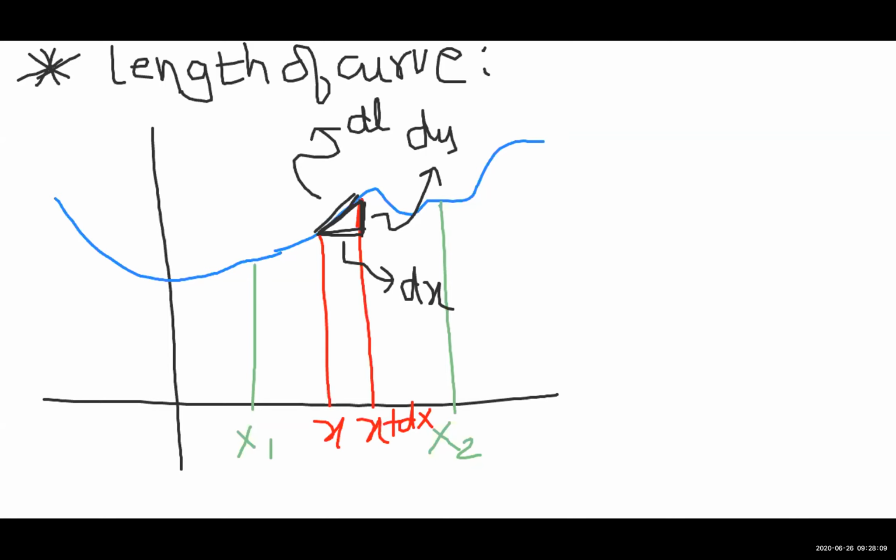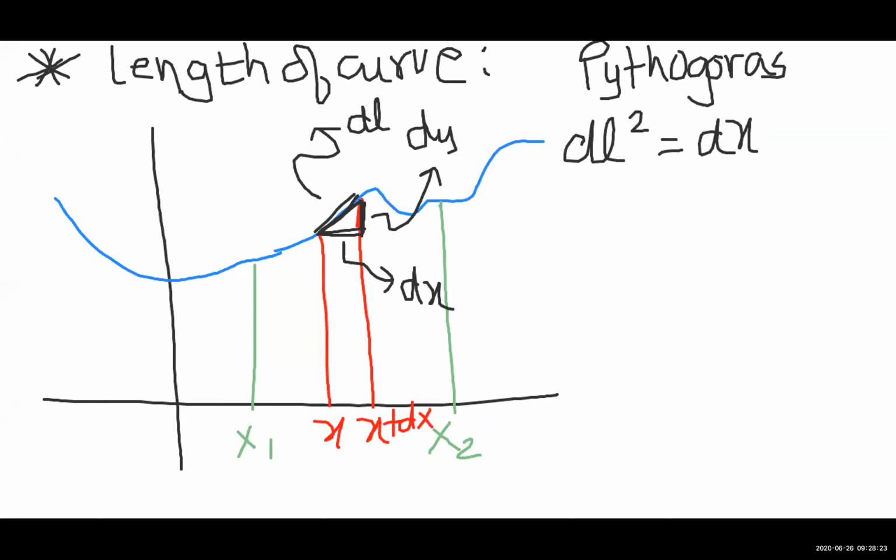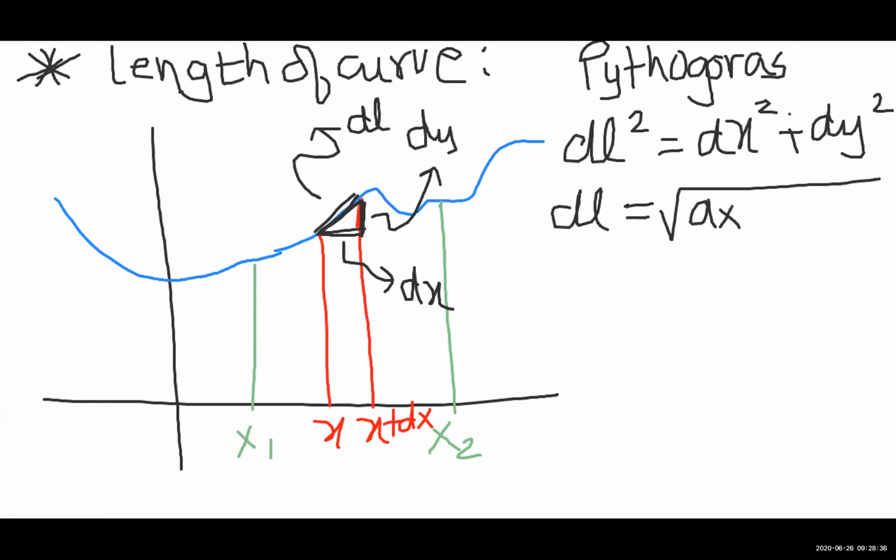And now I can apply the Pythagoras theorem, and I can write dl square is equal to dx square plus dy square. And therefore dl is equal to under root of dx square plus dy square.